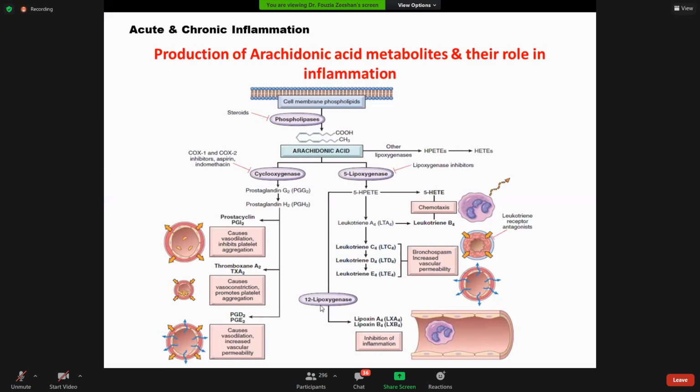And then we have the 12-lipoxygenase pathway, which produces lipoxins A4 and B4, which eventually inhibit inflammation. So this is the production of arachidonic acid metabolites, and they play a very important role in inflammation.